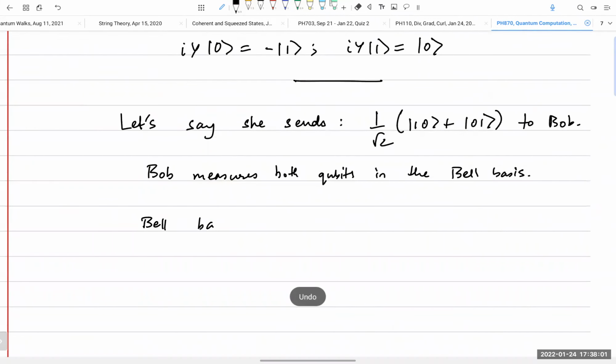First, let me explain what the Bell basis is. Remember, for 2 qubits, we wrote down these basis states. This was the computational basis for 2 qubits.